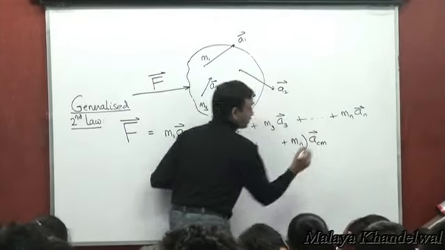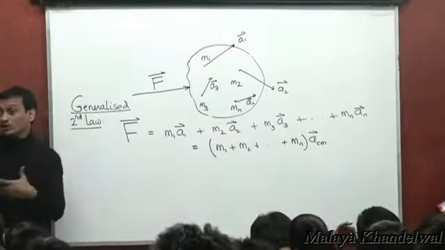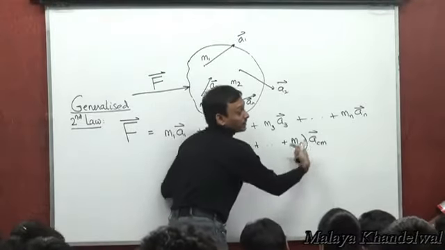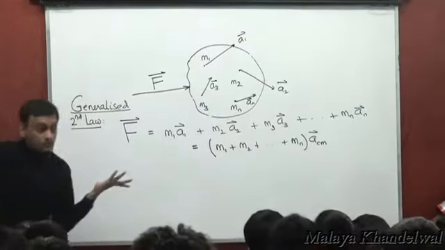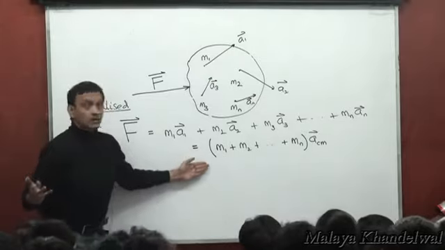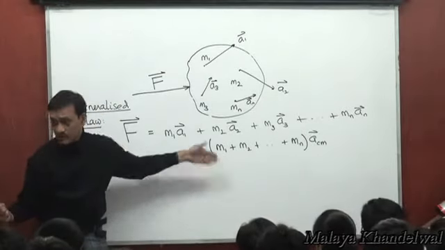That's an equivalent particle, right? This is what you would expect out of the equivalent particle. That means the net of all external forces is the mass of the equivalent particle times the acceleration of the equivalent particle, right? So this is legitimate.